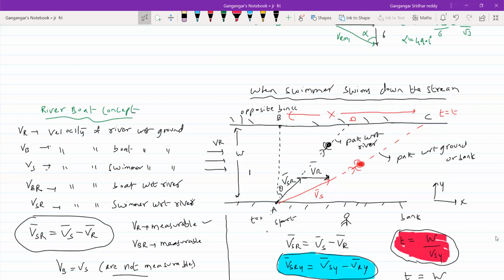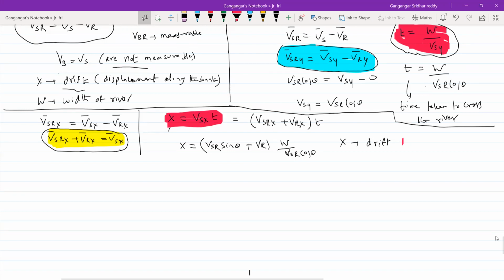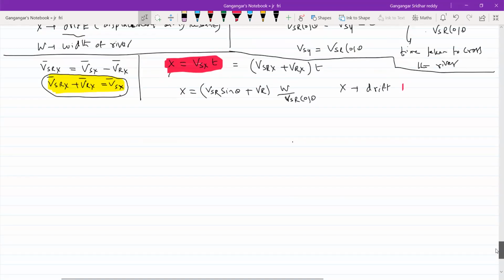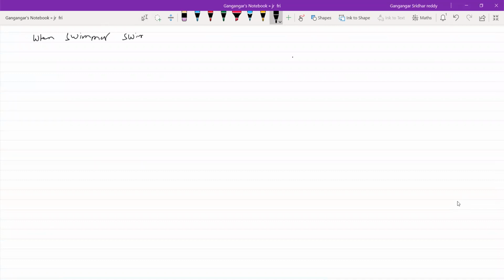So let's go for when he swims up the stream. When the swimmer swims up the stream, what conditions are there? What do you mean by up the stream?